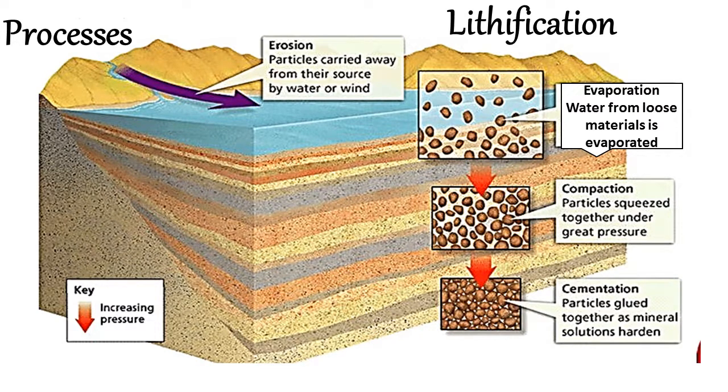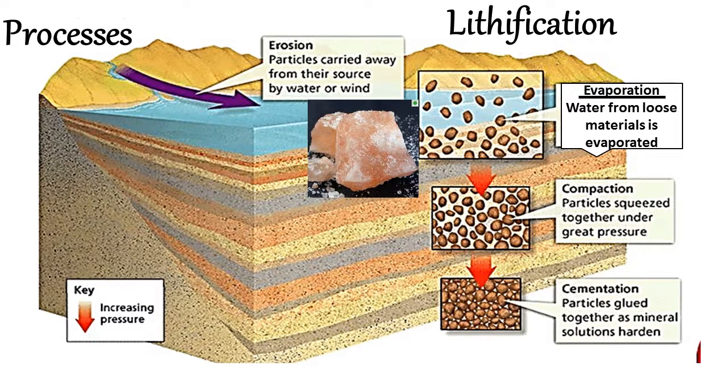First is evaporation. Evaporation is the process in which water from loose materials is evaporated. As in the case of rock salt, the accumulation of rock salt mainly takes place through evaporation before being compacted and cemented. Next is compaction.